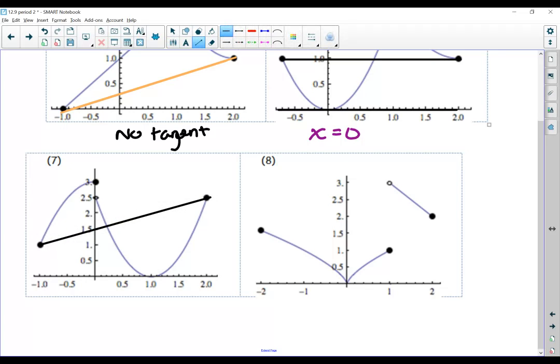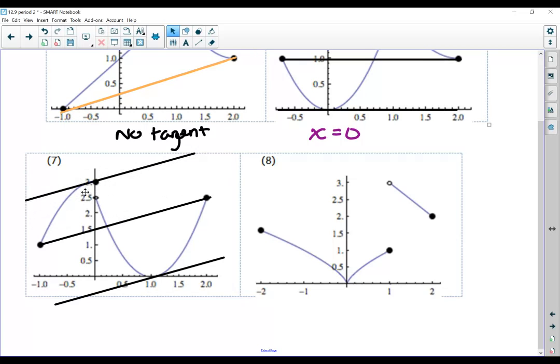So here I got that. I'm going to clone it. Let's see. Oh, yeah, it looks like there's one right about there. And maybe right about there, right before the jump, because at the jump, it looks like the slope would be approaching 0, but maybe right before it. So let's say right there and maybe right there.